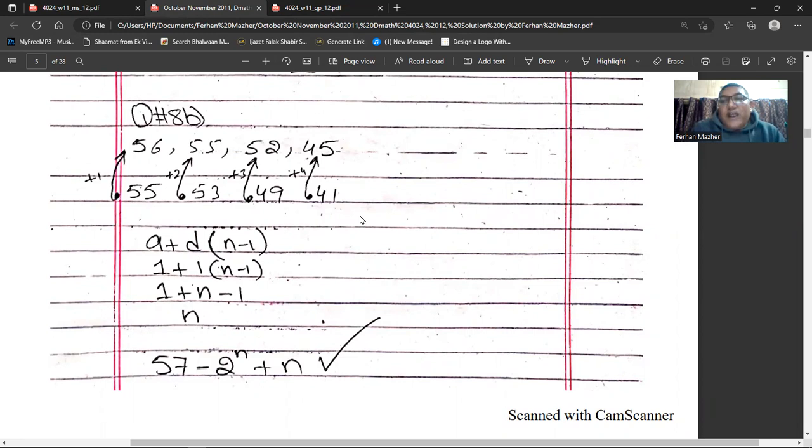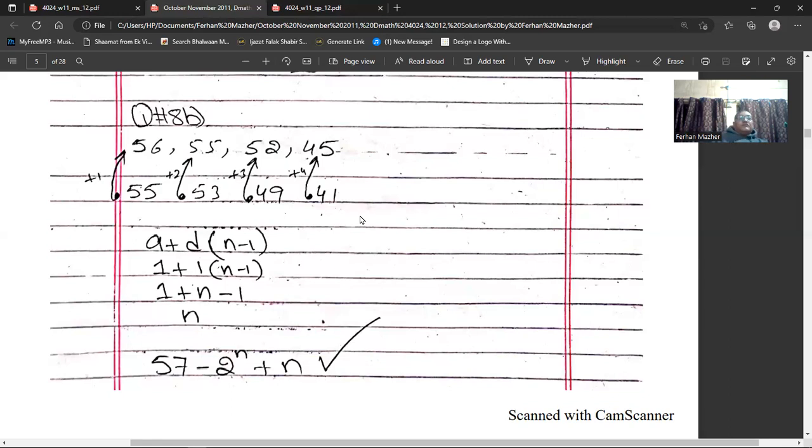A plus D bracket n minus 1, that's the formula for finding the nth term of an arithmetic sequence. So 1 plus 1 into n minus 1, where A means the first term of the sequence, and D means the common difference. So the common difference is 1, the first term is also 1. So 1 plus 1 bracket n minus 1, so that will be 1 plus n minus 1. And the final answer will be n.